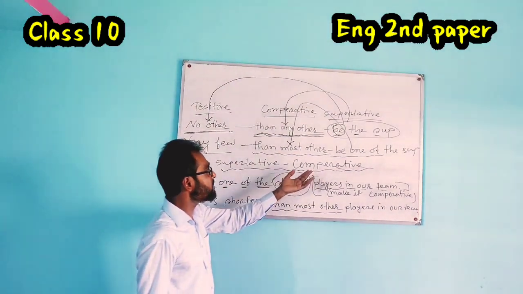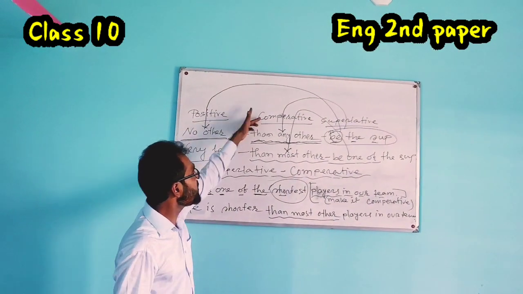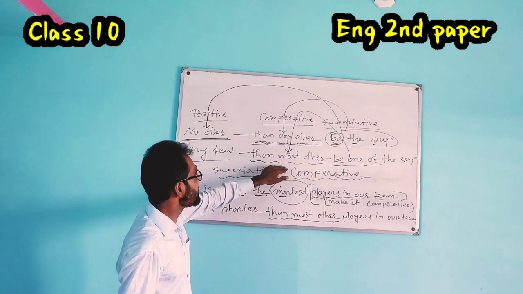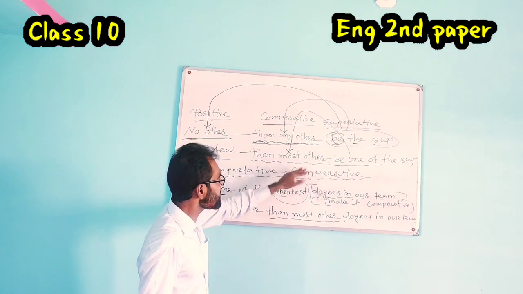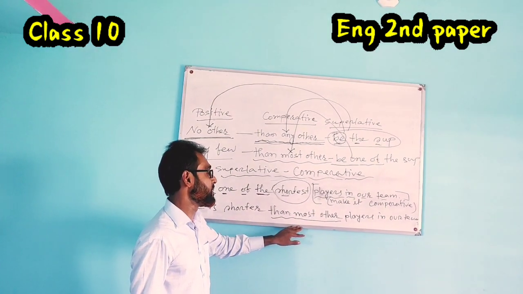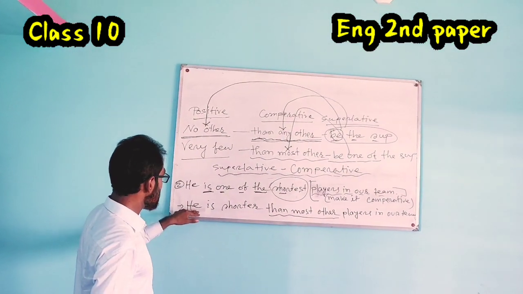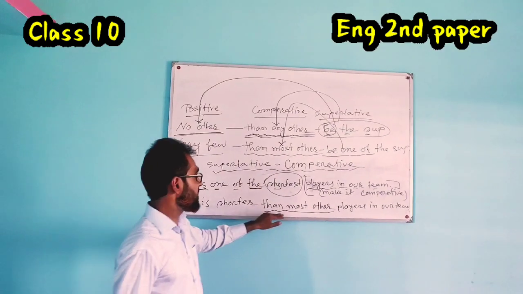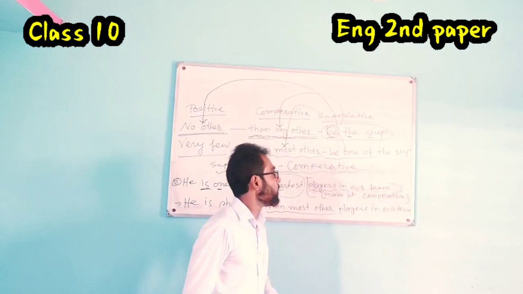But if we want to transform the same sentence into comparative, then "than most other" will come to complete the sentence, to maintain the rules. So he is shorter than most other players in our team.